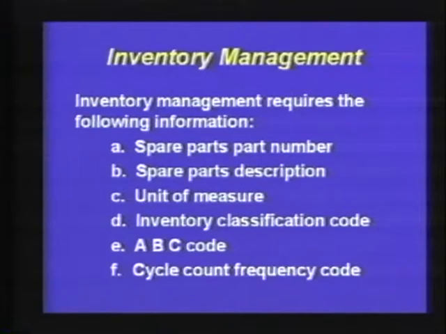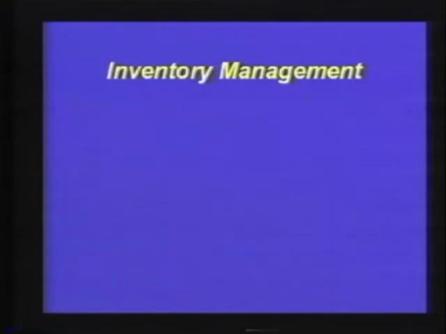On item number F, the cycle count frequency code, that is a date code which is a byproduct of the ABC analysis. So when we get into cycle counting, we will go through the development of the frequency code for you. G are the requirements by date, and I may also make note that they can likewise be by shift.